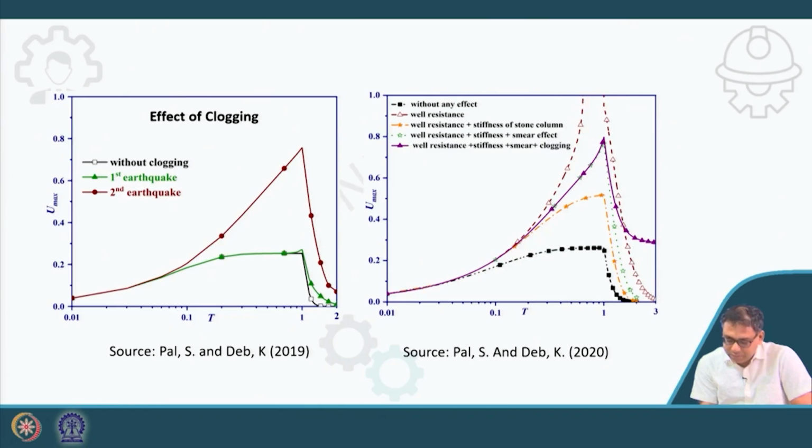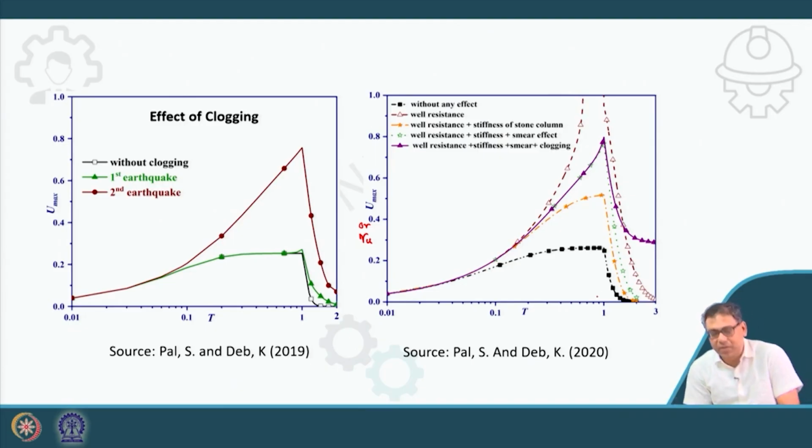Initially the pore pressure will generate, and this is your RU value, Umax. It will increase and reach the maximum value at the end of the earthquake. Then it will dissipate, so the value will decrease.